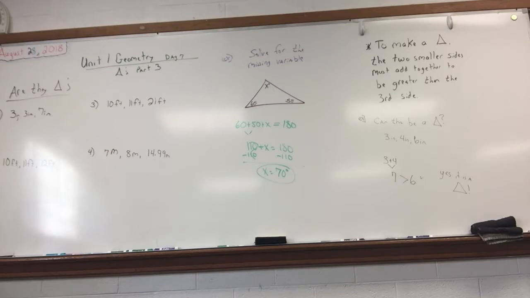Raise your hand. You're adding up the two small ones, right? The two smaller sides. Add those up. Is that greater than? Was it a triangle? What does it say? To make a triangle, the two smaller sides must add together to be greater.